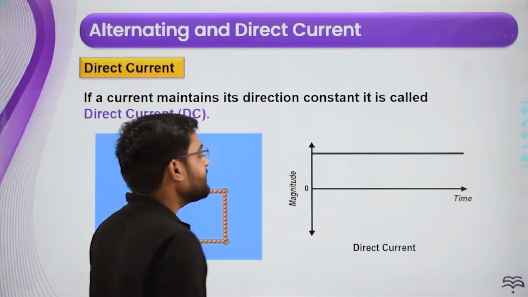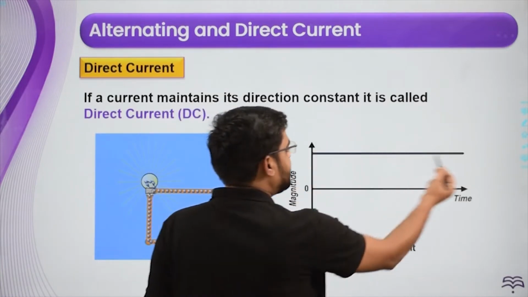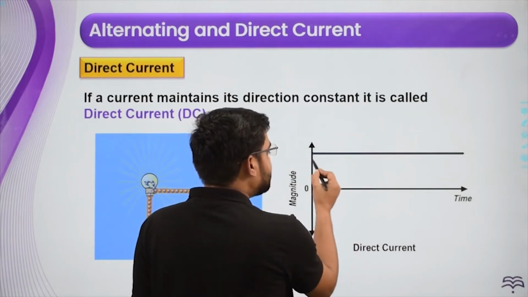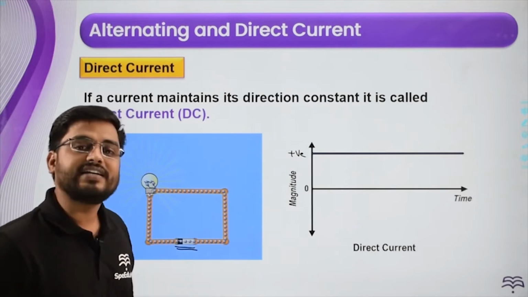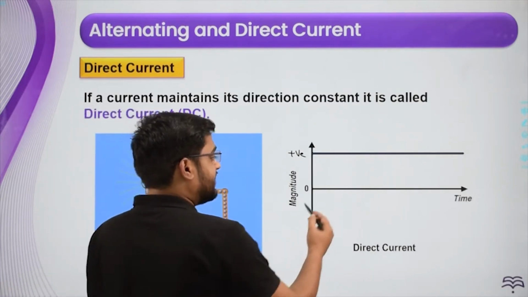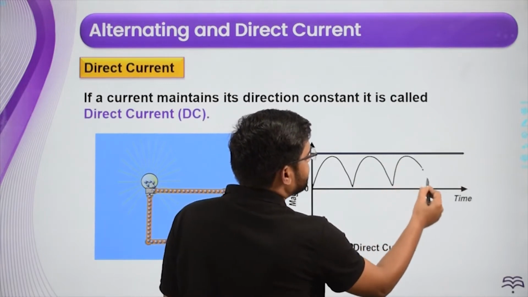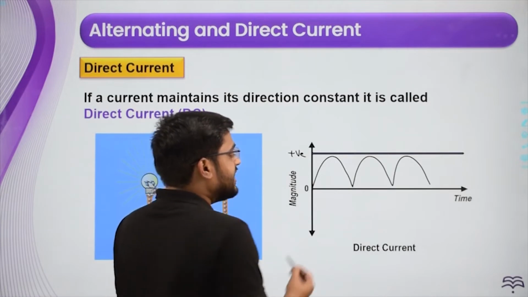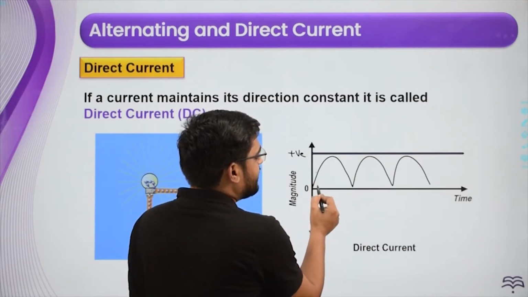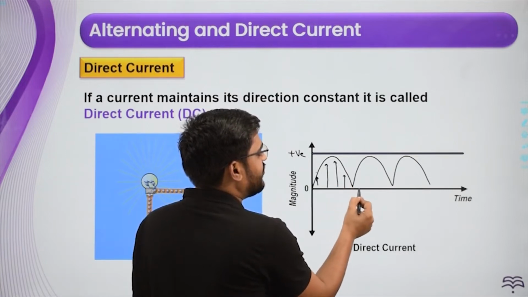Here is a typical graph of a direct current. The magnitude is kept constant and is always positive, but this is just one type of direct current. Consider a current where the magnitude is positive, then more positive, then lesser positive, zero, and then again positive.